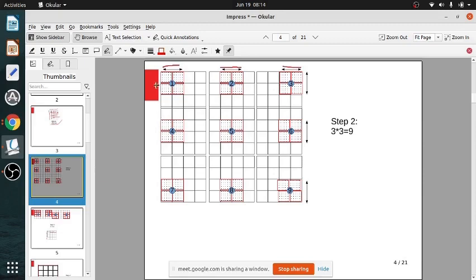Similarly, vertically, you can take the first 2, or the second and third, or the last, third and fourth. Similarly, for other rows also you can take the same thing.